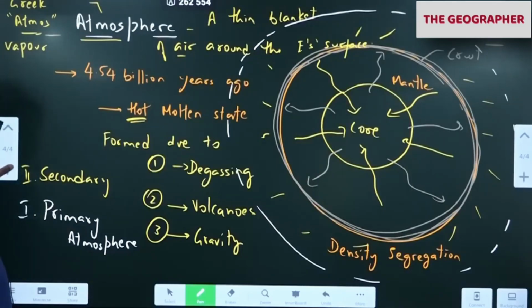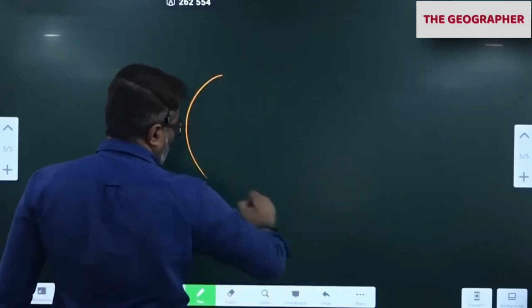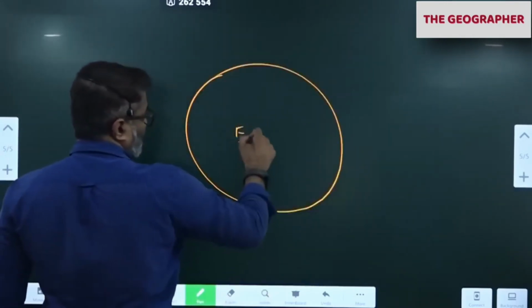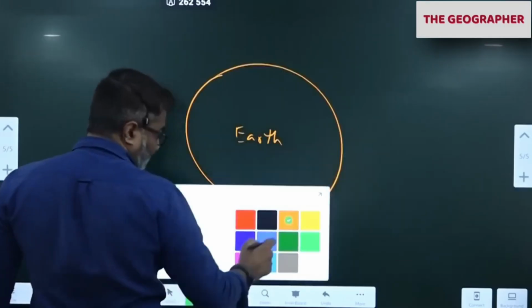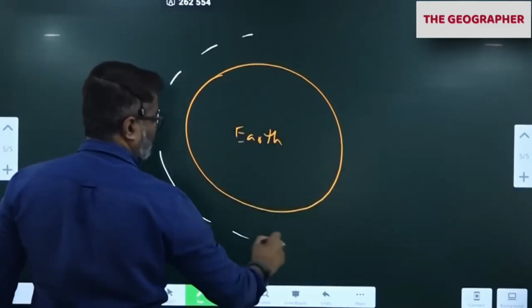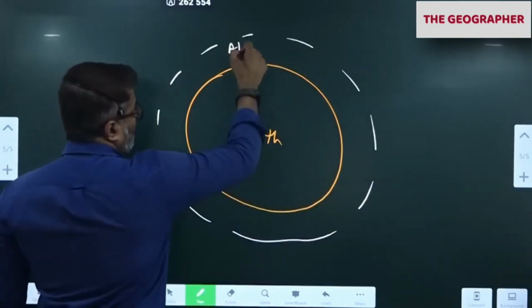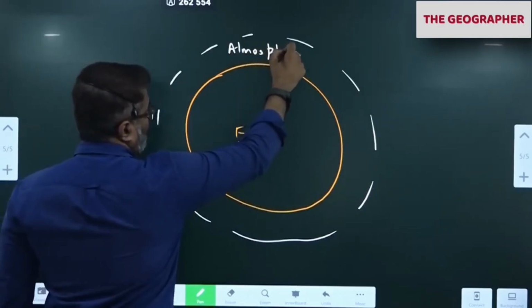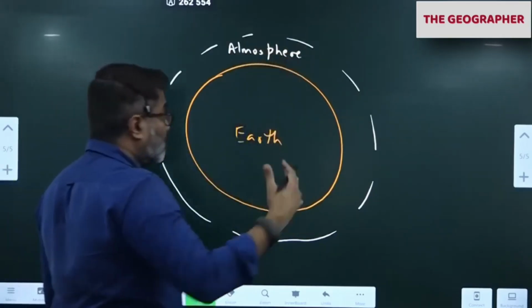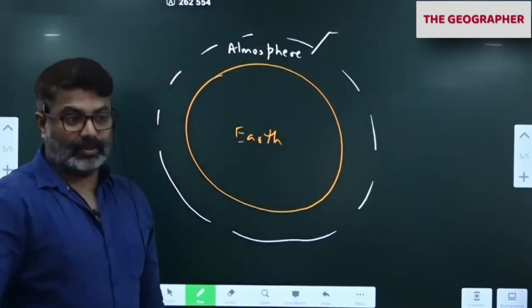Can I go to the next page? Okay. So what we have here is the atmosphere, earth. Around earth we have a thin blanket of air called atmosphere. See, our atmosphere plays a very important role. It is our lifeline.